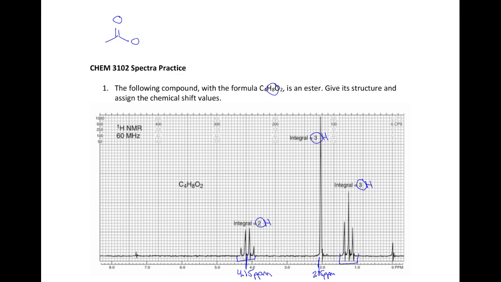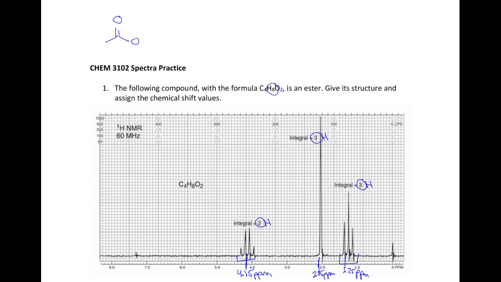And the last one, the triplet, looks like it's centered around 1.25, something like that. So those are the chemical shifts for those 3 signals.